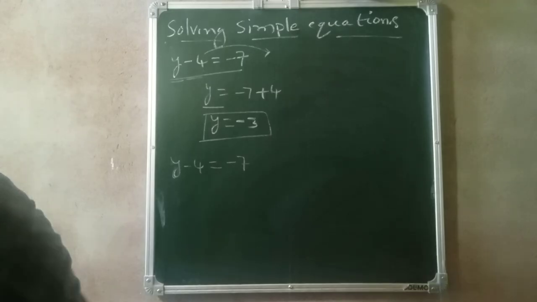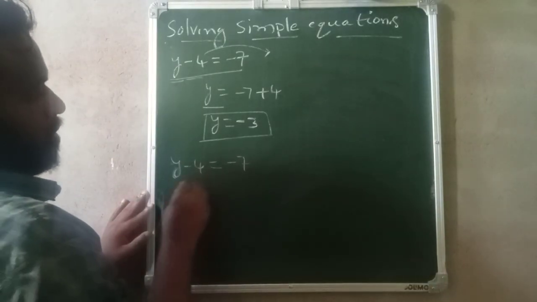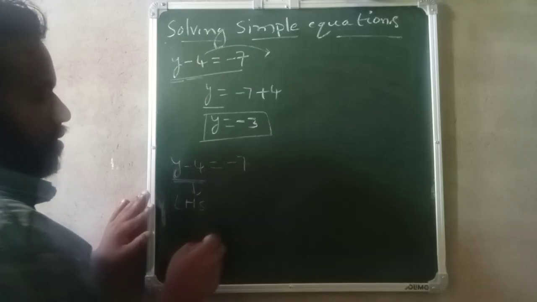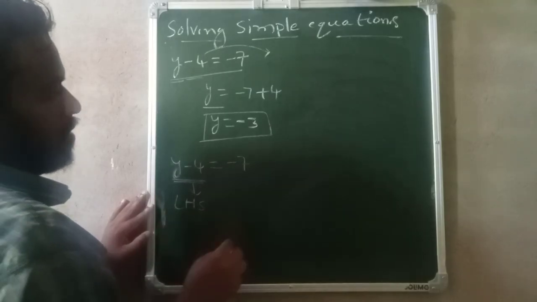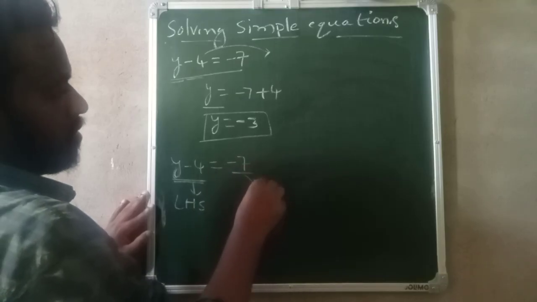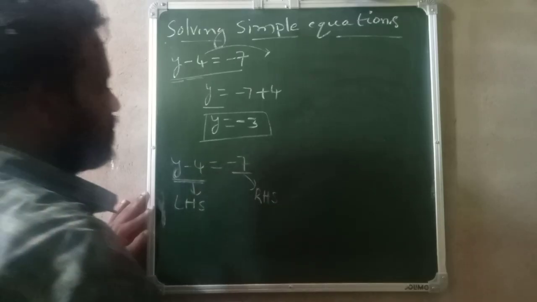Now, see, before this equal sign, whatever is there, this is LHS. So LHS means left hand side. After equal sign, whatever is there, that is RHS. RHS means right hand side.